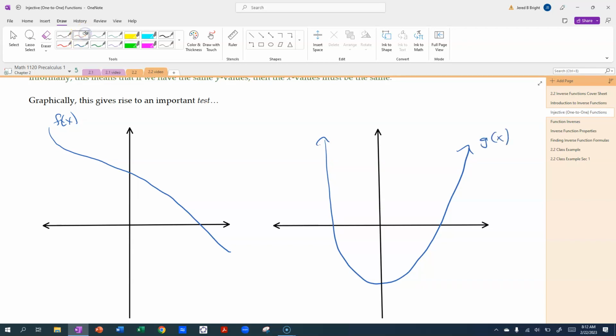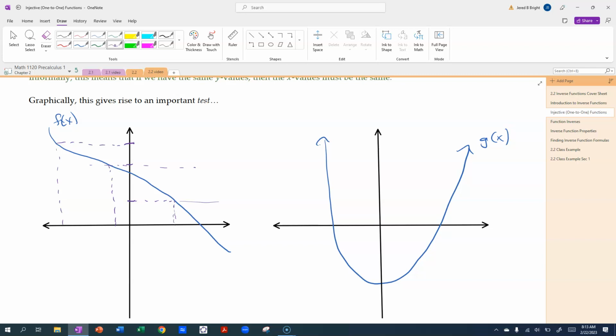But again, the idea is that if we're looking at a particular y value, there's exactly one x value. If I'm looking here, horizontally, there's only one x value with that particular y value. And down here, for instance, there's my y value. Go over, and I see that there's only one x value that has that y value.